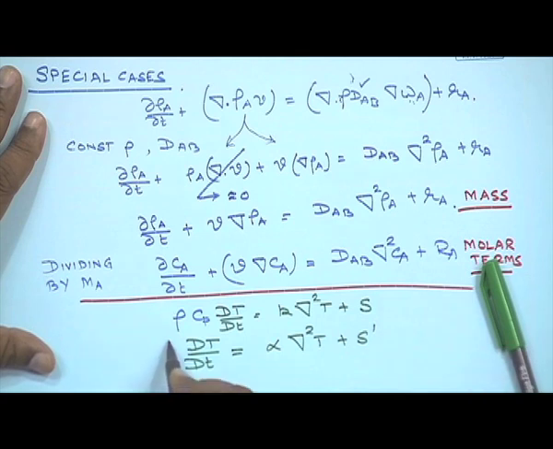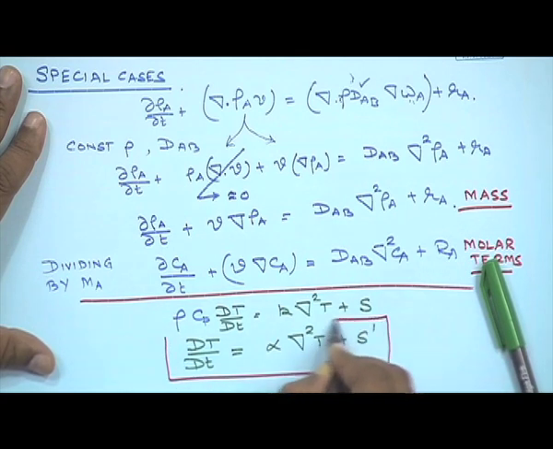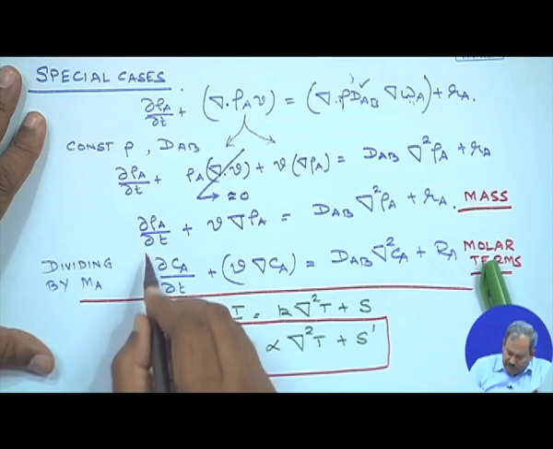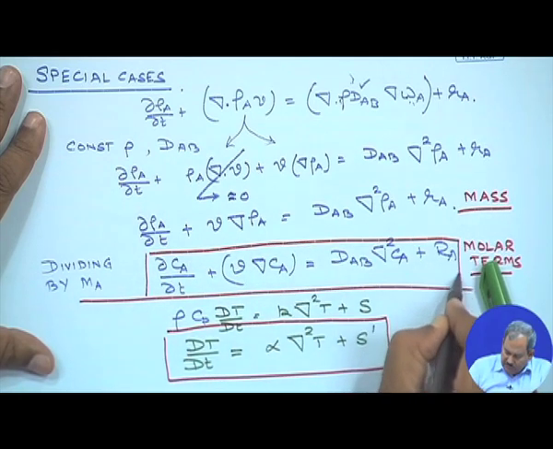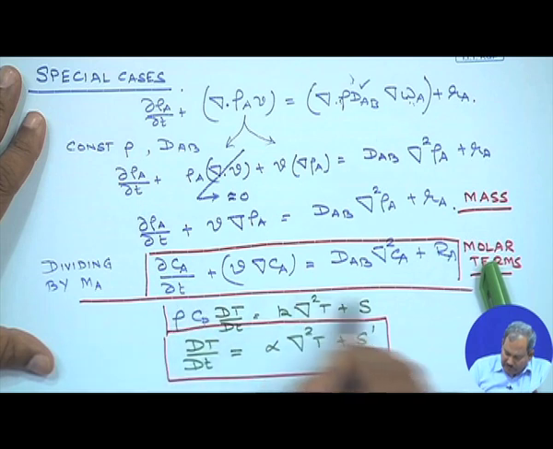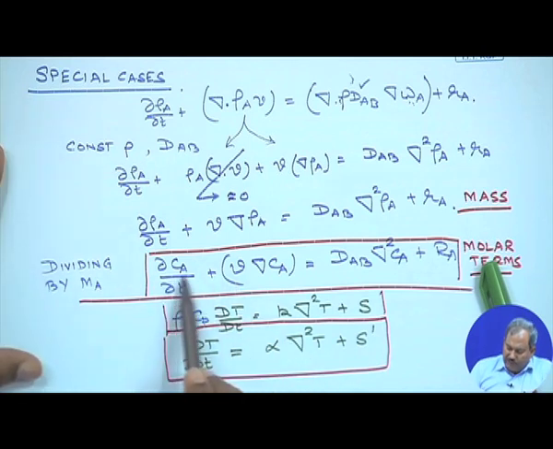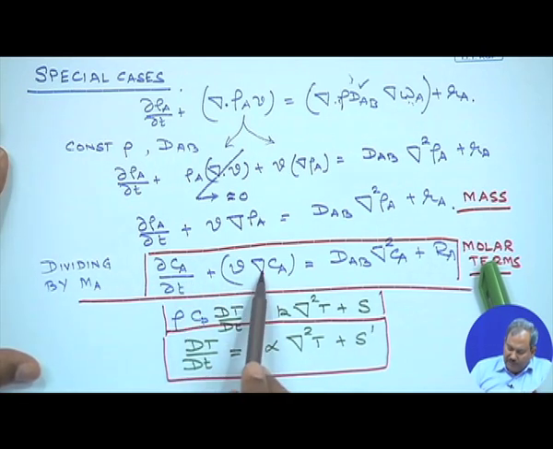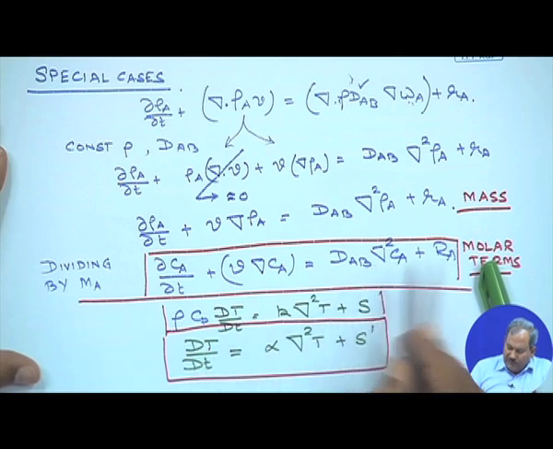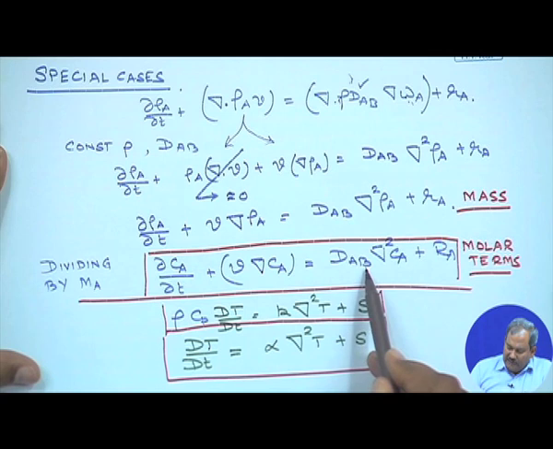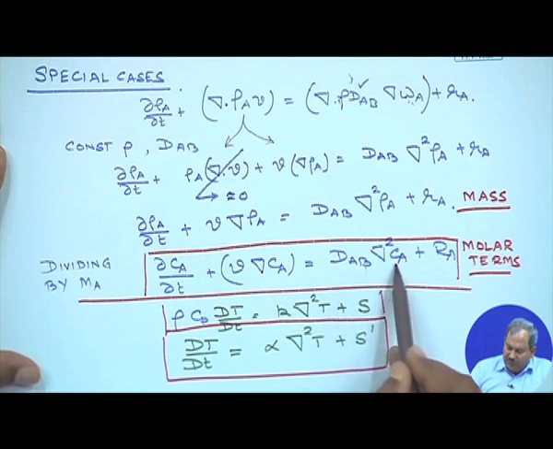So when you compare these two equations, what you have here is the substantial derivative of concentration, and what you have here is the substantial derivative of temperature. What is on this side is the transfer of species A as a result of diffusion.